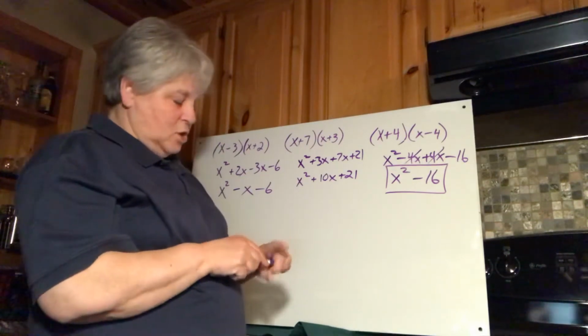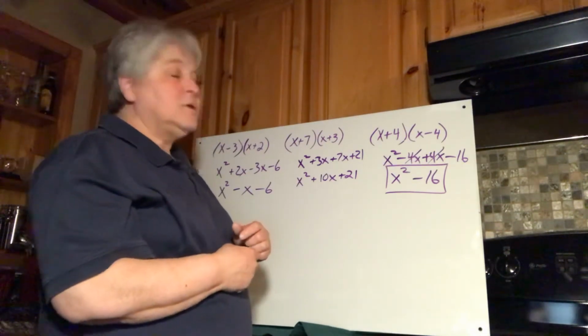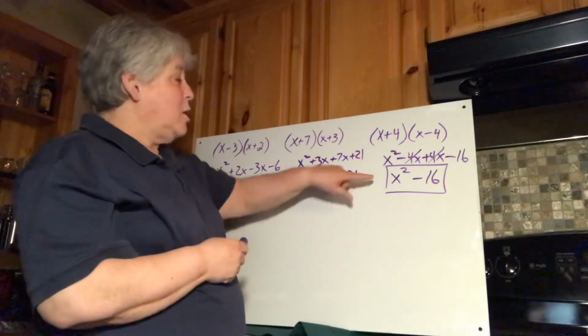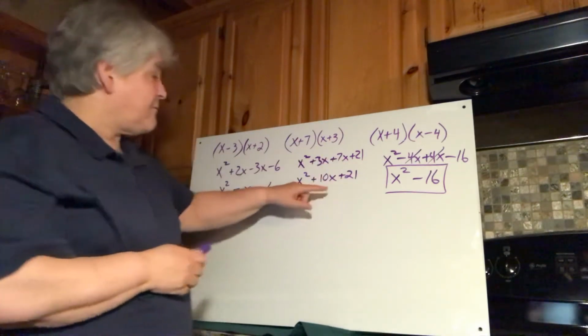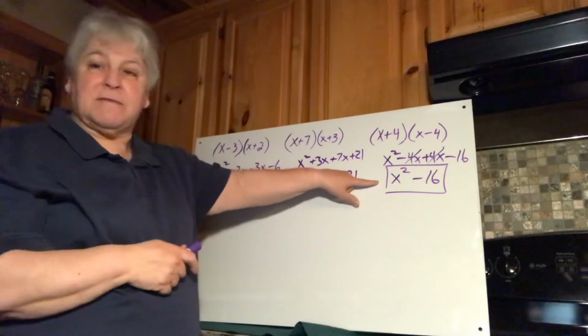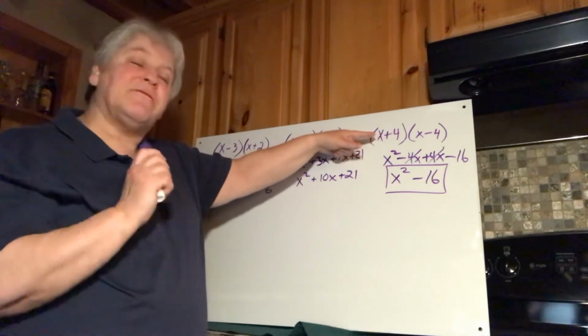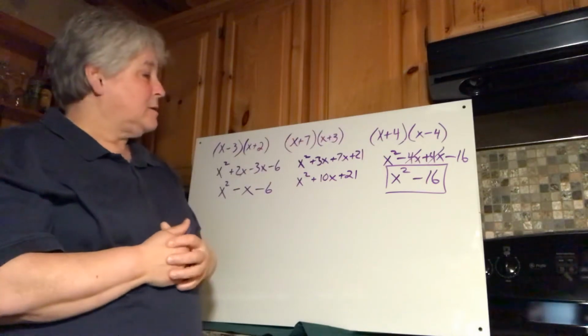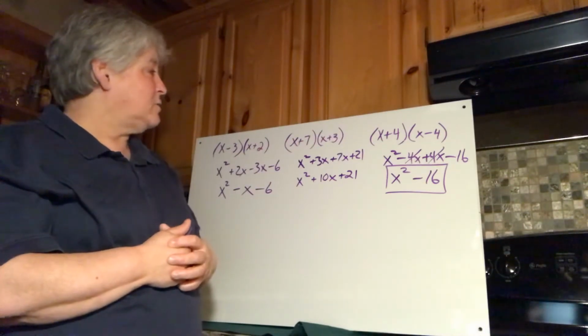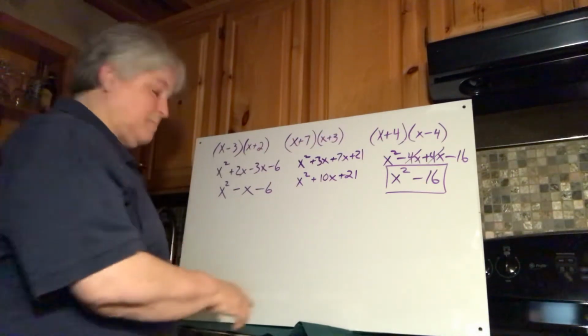Let's see if we can use this idea to our advantage when it comes to working backwards. Because remember, factoring is taking something like this and figuring out what I must have started with before somebody multiplied out. All right, so let's take a look at that.